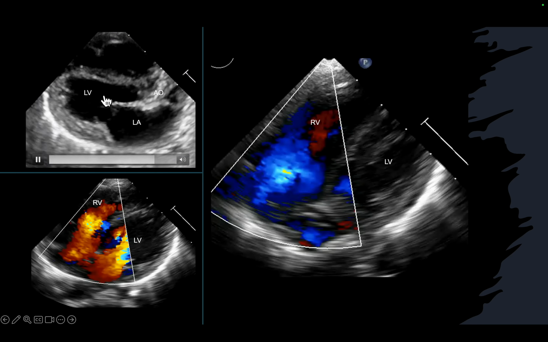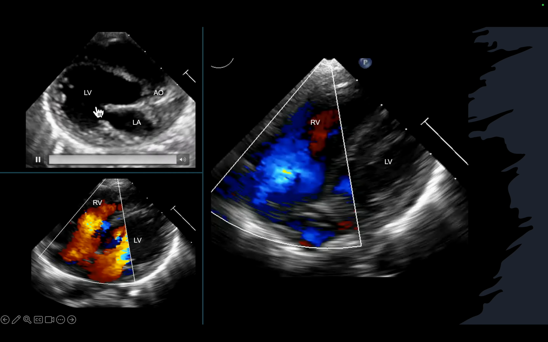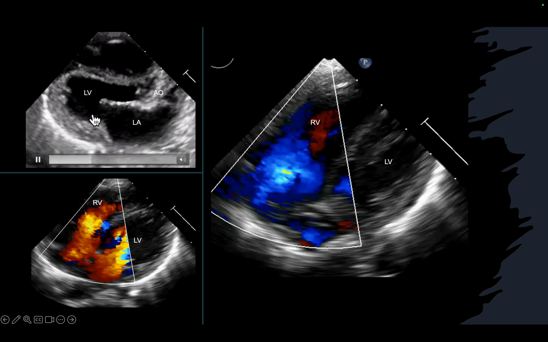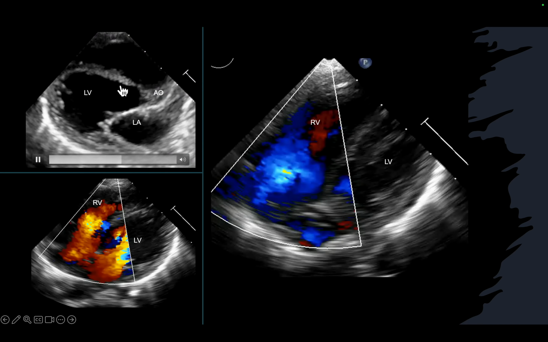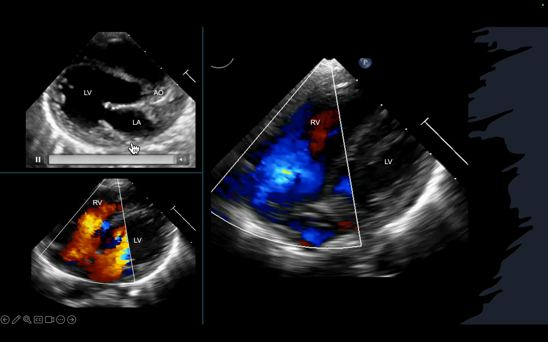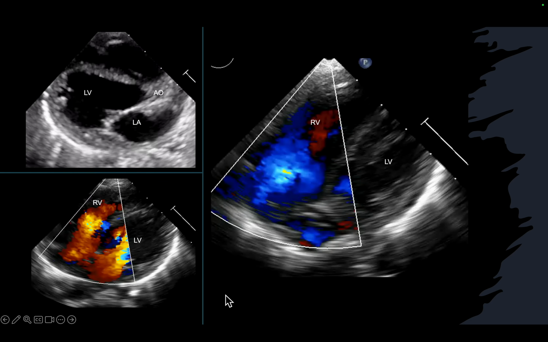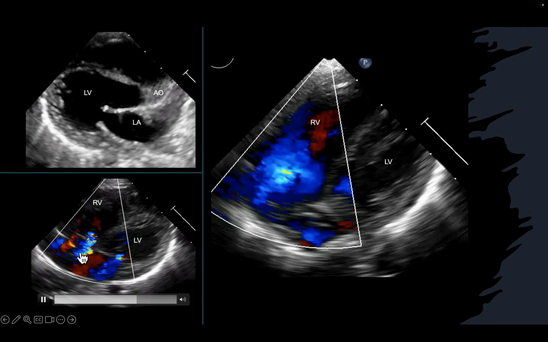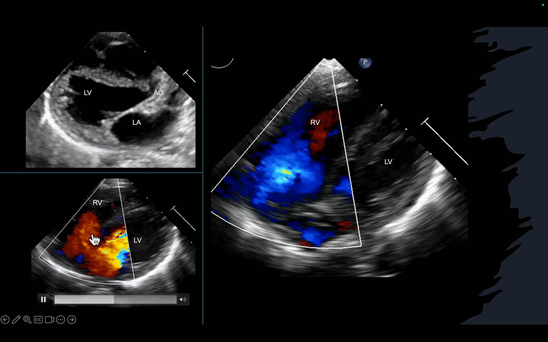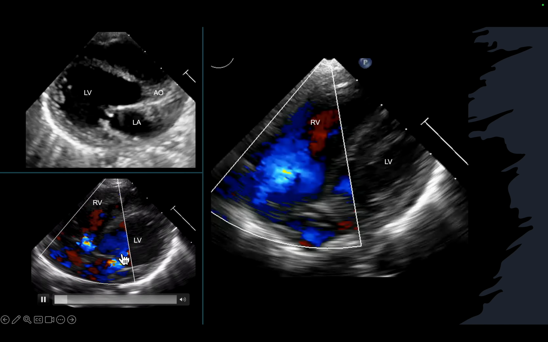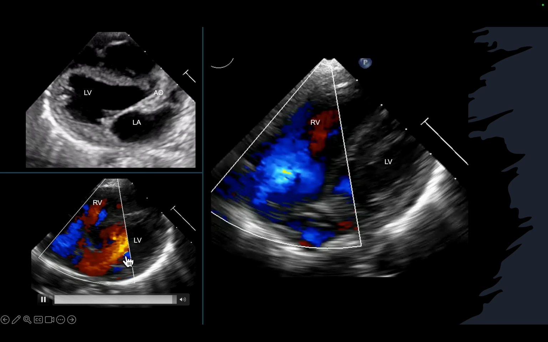Now again the next case, this is left atrium, left ventricle. What you see here is the ejection fraction is borderline. It was about 40% on visual inspection here, but I would show you it was less in the further slides. Now this is the bilateral regurgitation, the tricuspid one severe and a moderate mitral regurgitation.